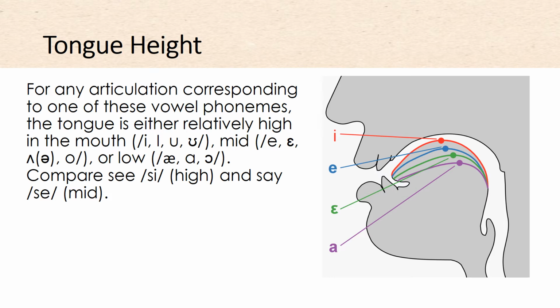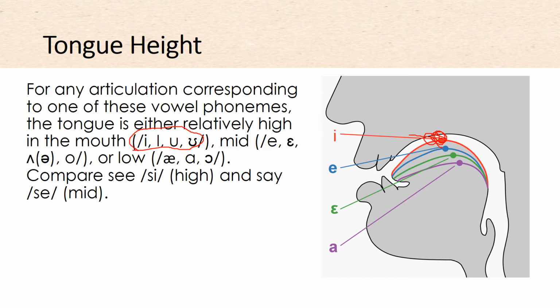When the tongue is in high position, the red color here, these are the vowel sounds that you can produce from it. We have the E, the I, the U, and the A. Okay? So when we say these words, our tongue is in the high position.